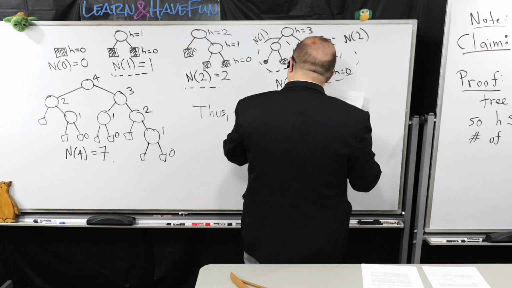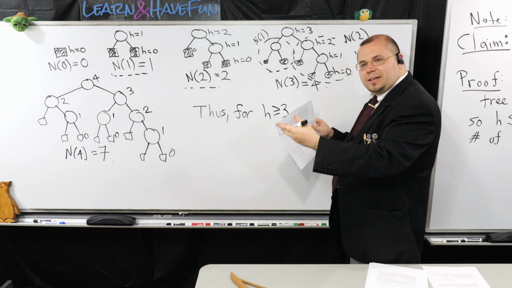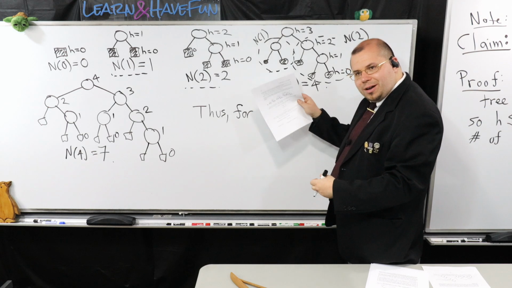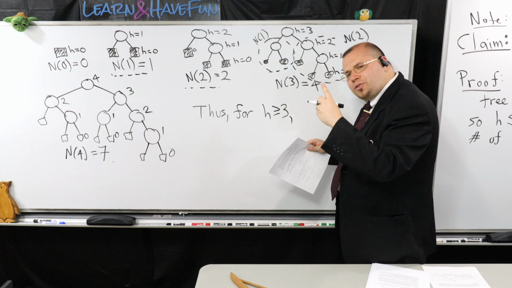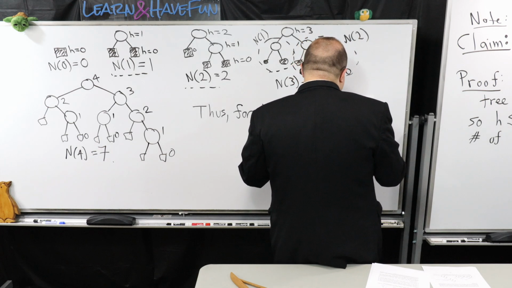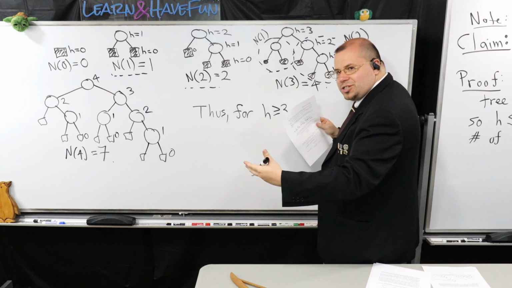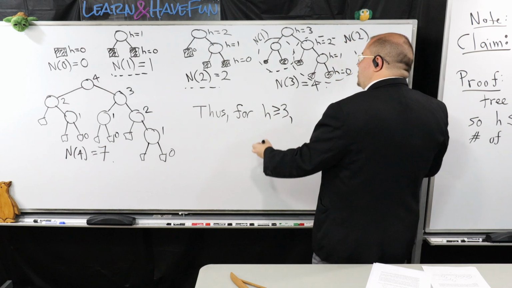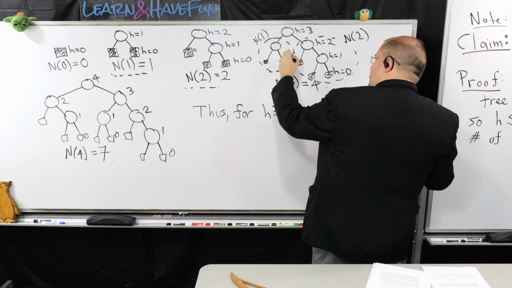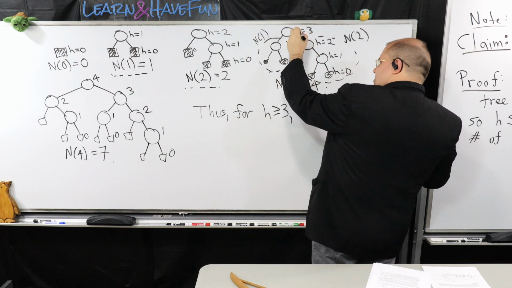Thus, for h greater than or equal to 3, I can define it based on the numbers for the 2 previous drawings I made. But each one of those is for a value of h, right? What are those 2 values for h? If I try to write down a formula for n of h, what would that look like? Well, let's think about it. For n of 3, it was n of 1 plus n of 2 plus 1.